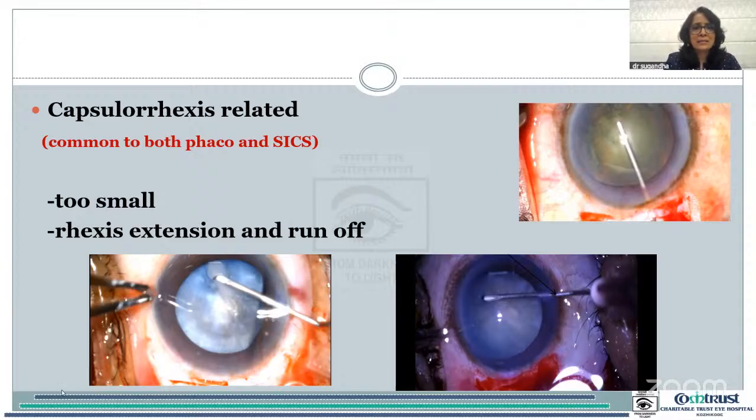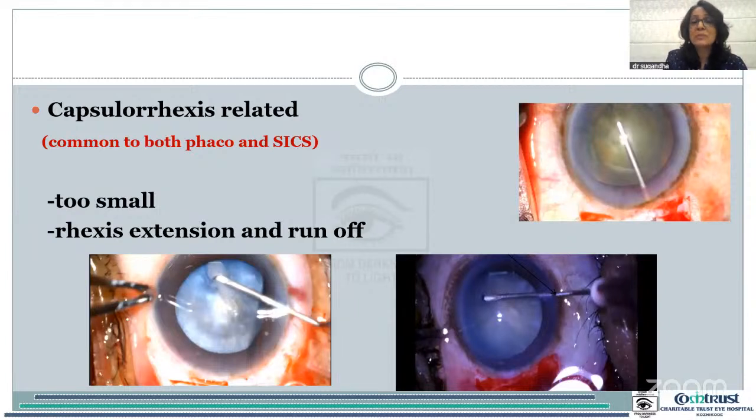In SICS, you can see in these pictures, the one on the left, there is rhexis extension and runoff, mostly because of the hypermature cataract, and there was a pretty intense intralenticular pressure. Whereas the picture on the extreme right top is actually an SICS case. It shows a pretty decent sized rhexis for a phacoemulsification, but not in an SICS.